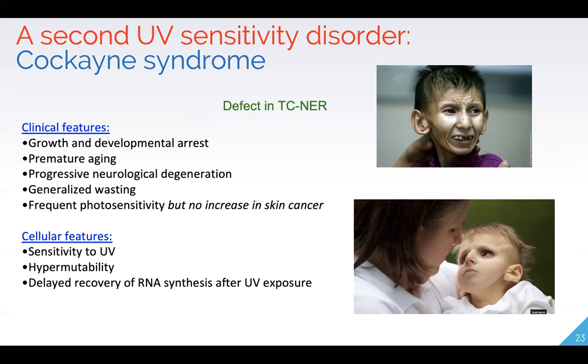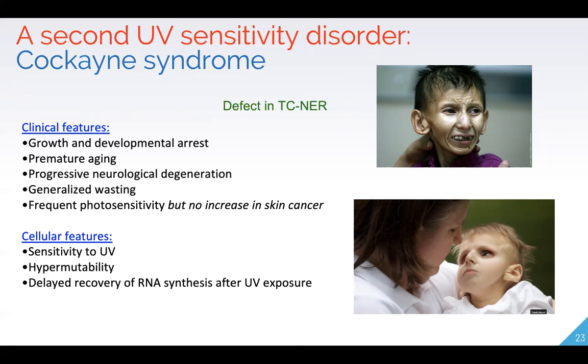You can take cells from these individuals, as well as from XP patients, and examine them in culture. You can test them for their sensitivity to sunlight. Of course, you can take normal cells from age-matched individuals and expose them to different amounts of a given wavelength of UV light, and measure how much these cells tolerate UV damage.